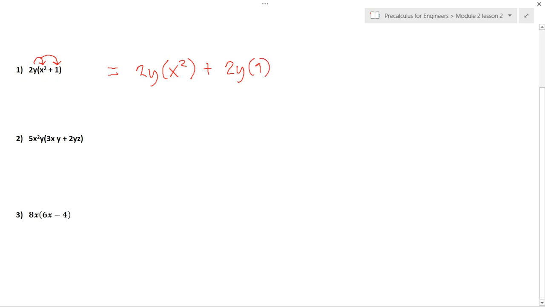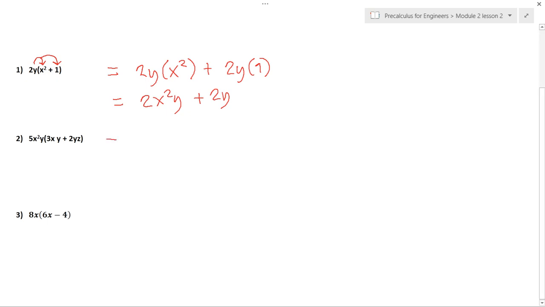Simplify. You have 2x squared y plus 2y. So that is how to simplify a monomial and binomial that are multiplied with each other.